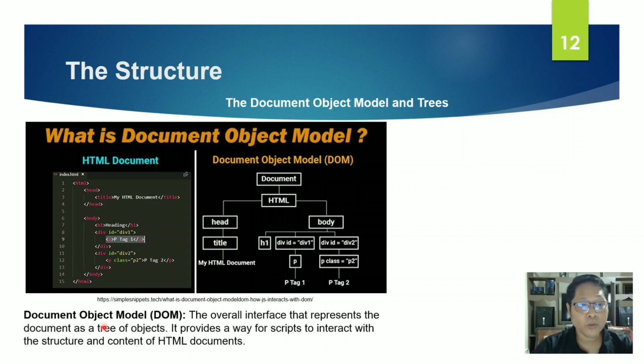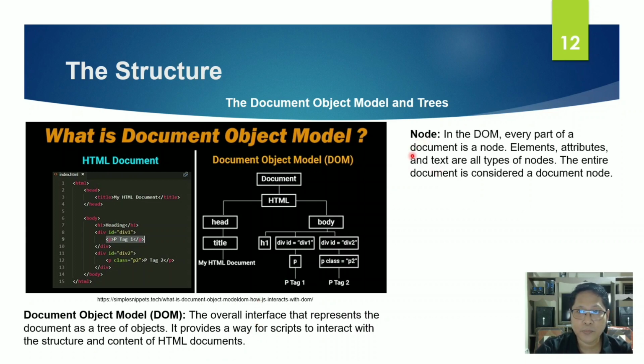The document object model, or DOM, is the overall interface that represents the document as a tree of objects. Just like this one, it's like a tree. It provides a way for scripts to interact with the structure and content of HTML documents.